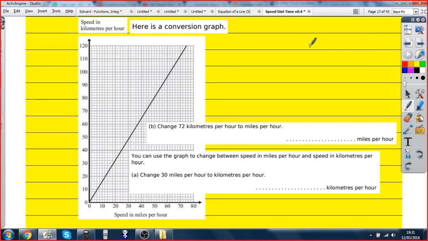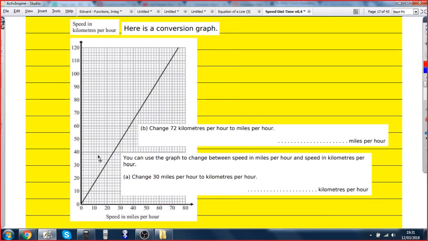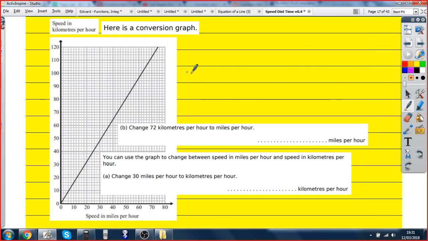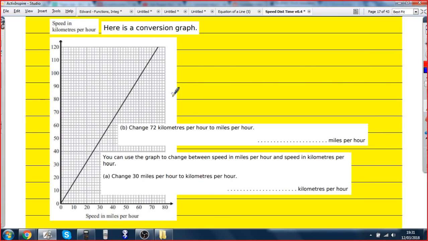Okay, so now we have conversion graphs. Before we were converting between miles and kilometers using the formula that they were giving us. Now we have to use the graph. So I'll just let you try. Change 72 kilometers per hour to miles per hour. How do you do that?